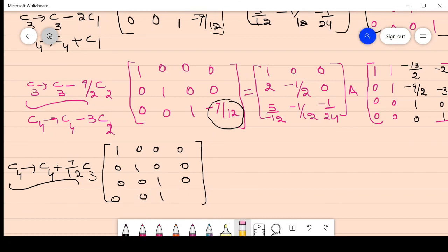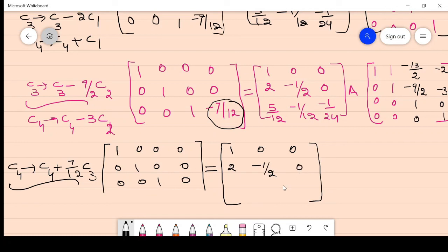There are only 3 by 4 rows, so this is not contained in this matrix. Now there is no effect on this matrix. So this will be 1 0 0, 2 minus 1 by 2 and 0, 5 by 12, minus 1 by 12, minus 1 by 24 into the A matrix.